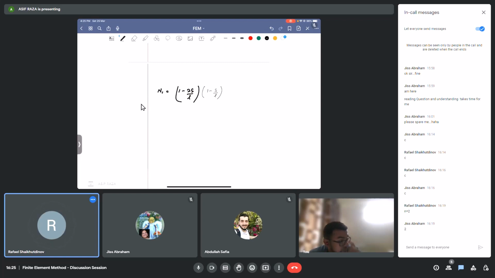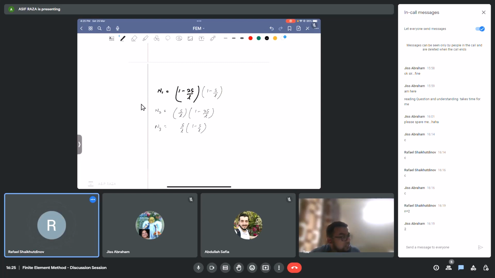And N2 is equal to s divided by l multiplied by 1 minus 2s divided by l. And for node 4, we have N4 equal to 4s divided by l multiplied by 1 minus s divided by l.